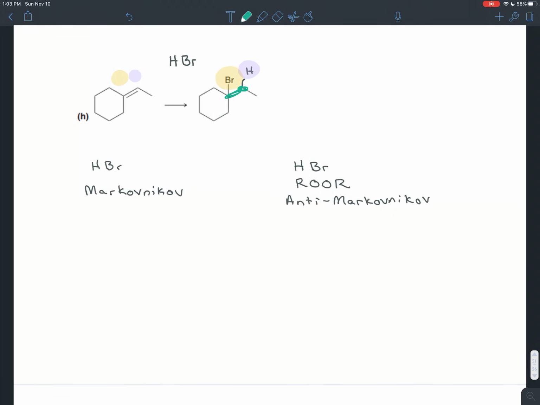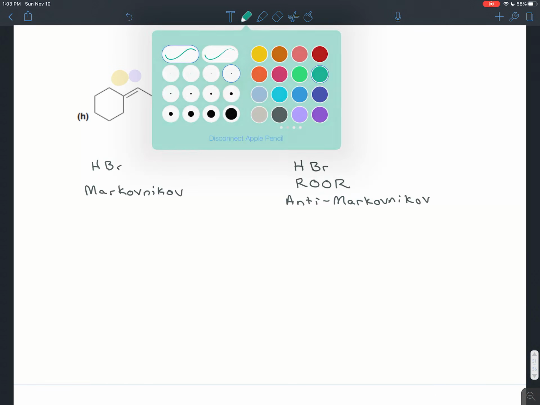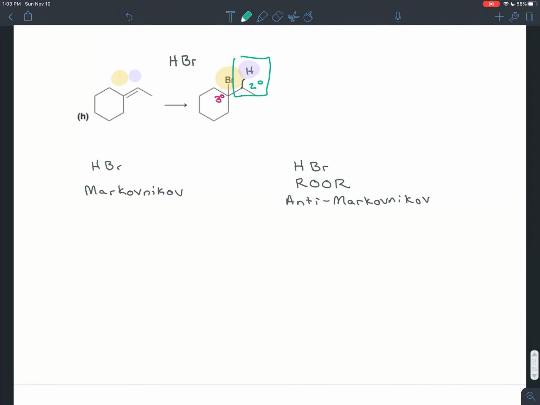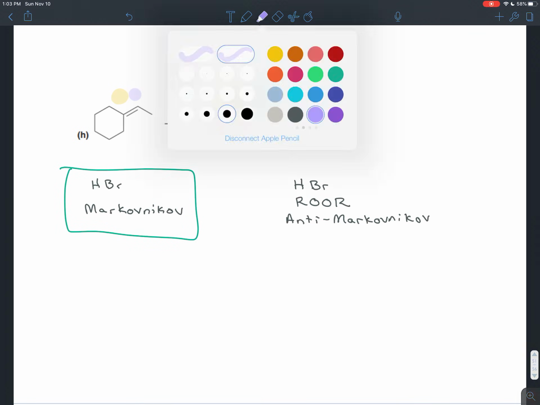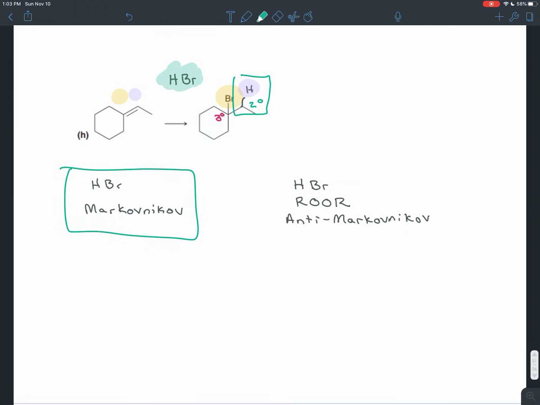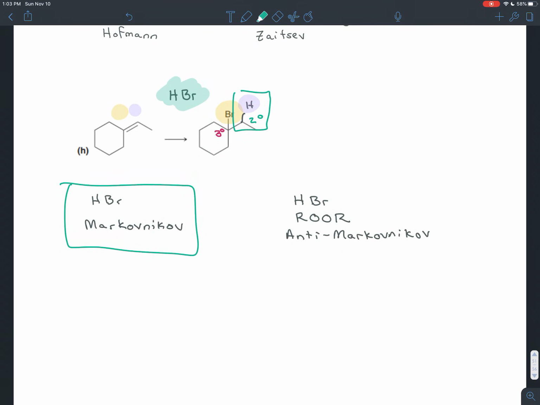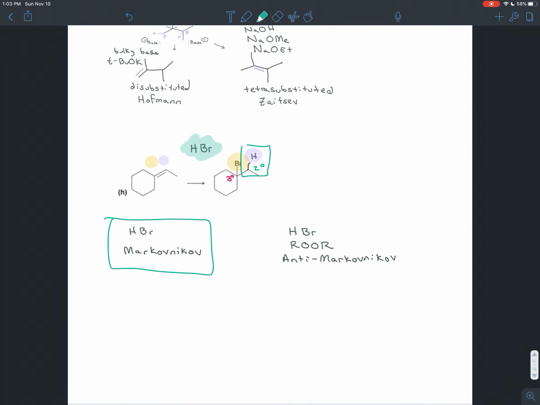So this carbon that has the hydrogen is bound to two other carbons, that is secondary. The other carbon, the one with the bromine on it, that's bonded to 3 other carbons, that is tertiary. So the hydrogen went on the less substituted carbon, and that is Markovnikov addition. So you wouldn't add peroxides here, just the HBr all by itself would be the correct recipe to make this transformation happen.